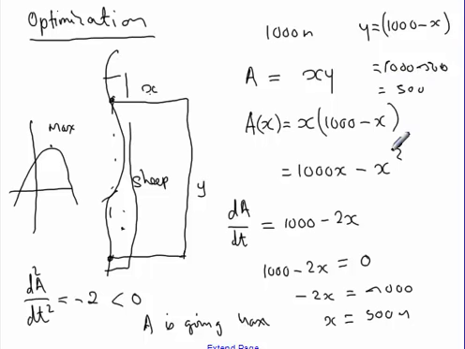Which means this is going to look more or less like a square. So then the area will be 500 times 500. I think you can see how many square meters that is.